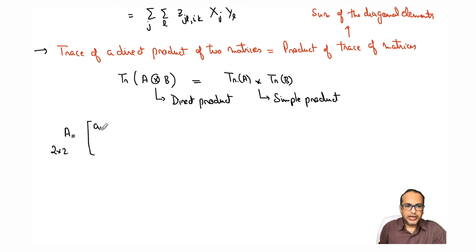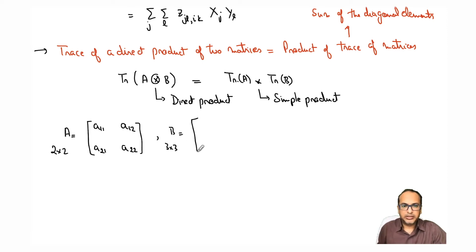So we'll say A11 and A12, this is equal to A21 and A22, right? And let's call another matrix, which is a 3 cross 3 matrix.